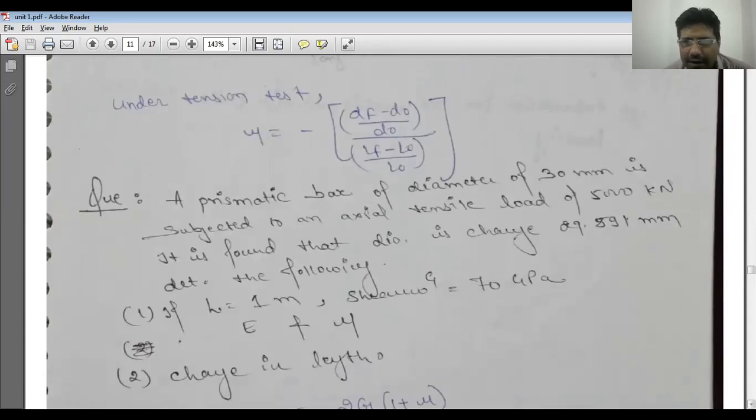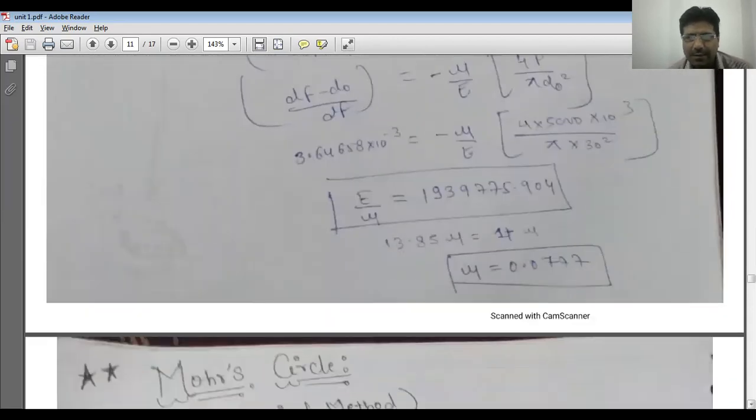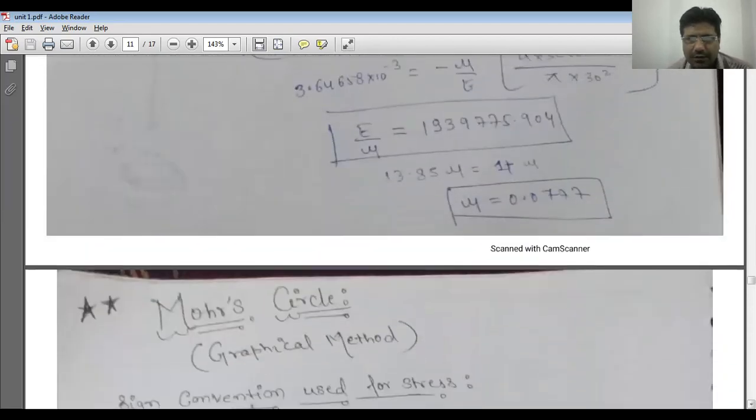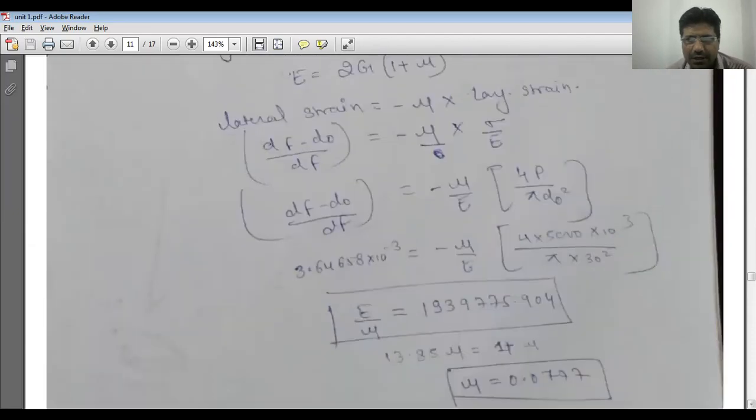This way delta L will come around 0.409 mm. So the change in length is found.